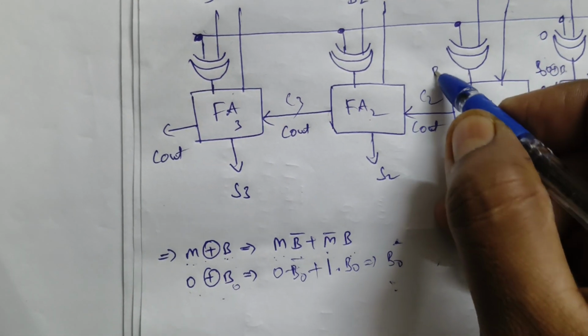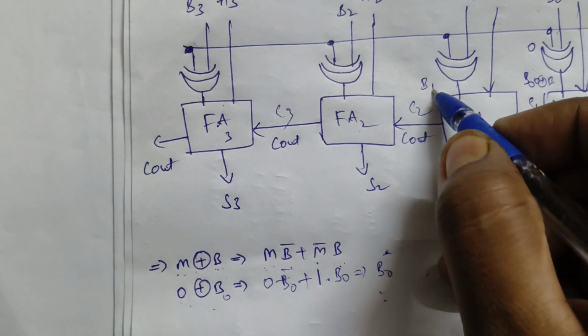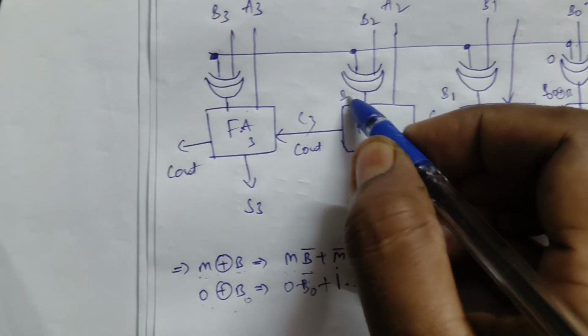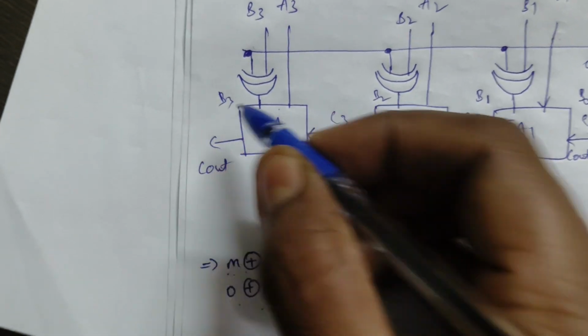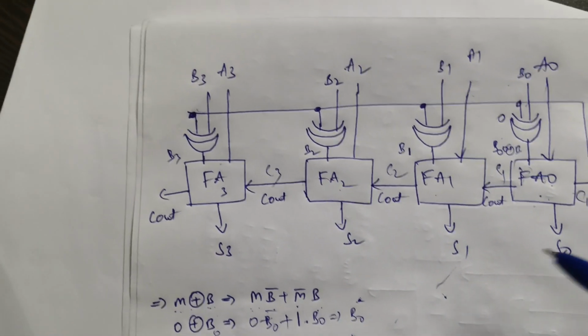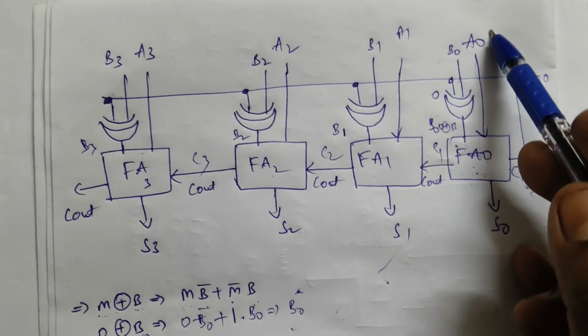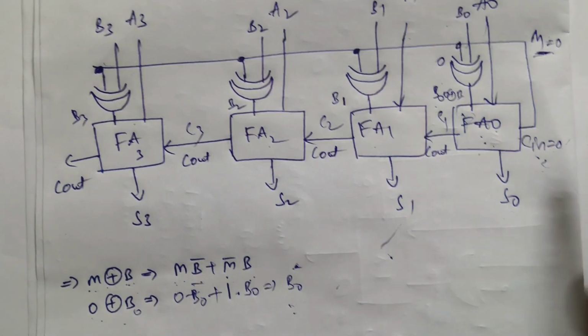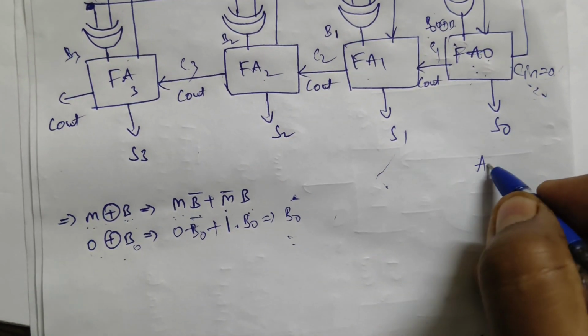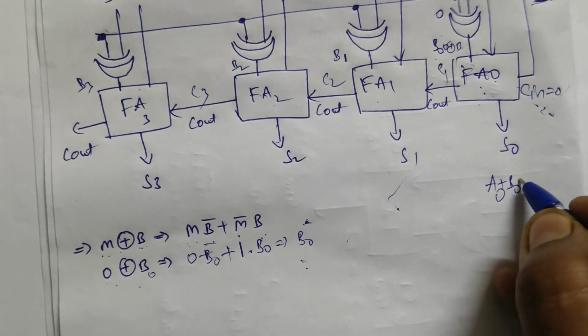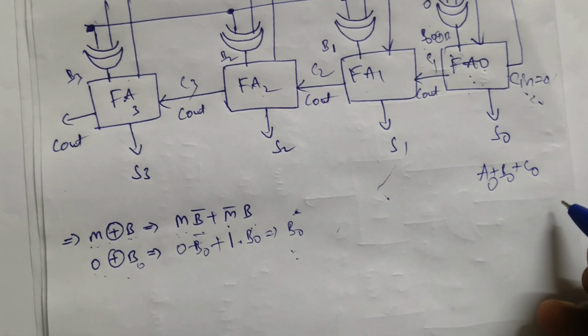Similarly, for the second full adder we are getting B1, here it is B2 and here it is B3. Therefore for the 0th full adder, the inputs are A naught bit, B naught bit, C in. So what is the sum here? A naught plus B naught plus C naught.